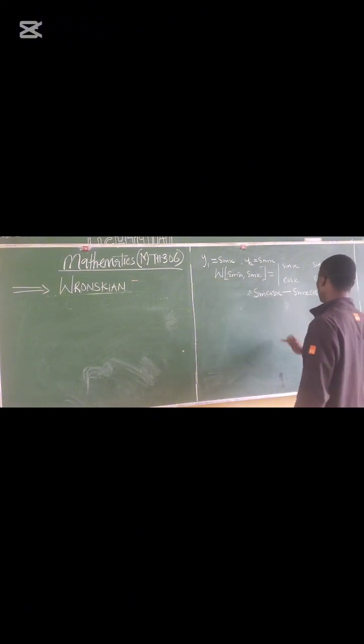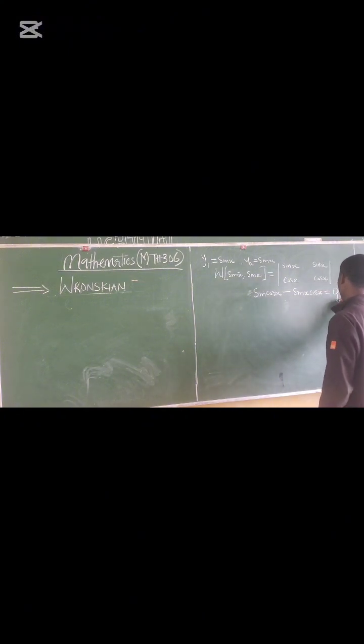Alright, so sin x cos x minus sin x cos x is giving me 0, which means that the solution is linearly dependent. So it's linearly dependent because it is equal to 0.